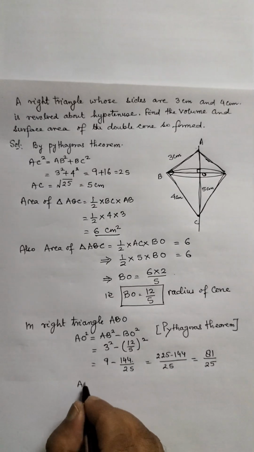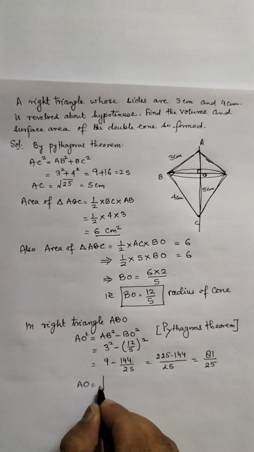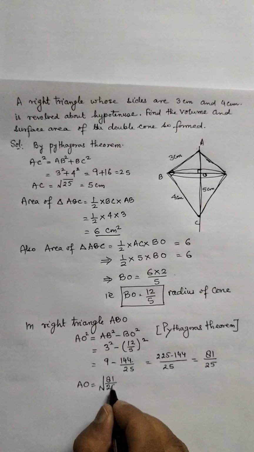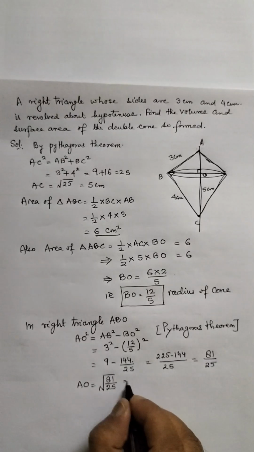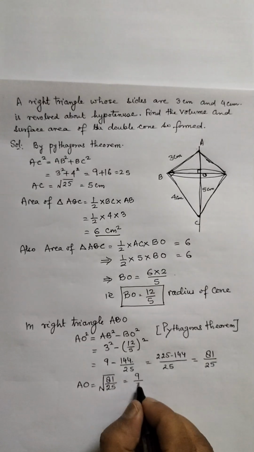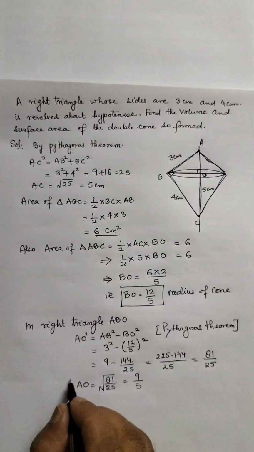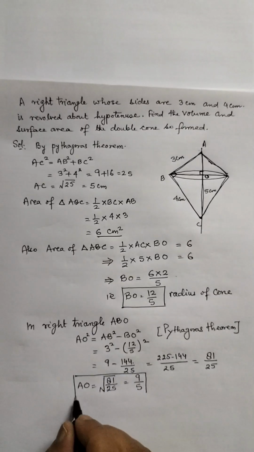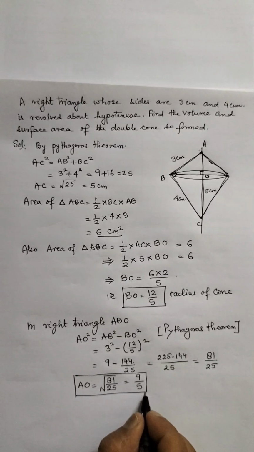So AO is square root of 81 upon 25, which is 9 upon 5. We will put this also in a box, will be used further.